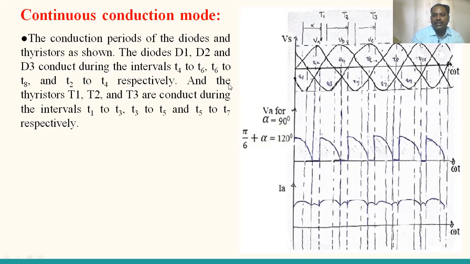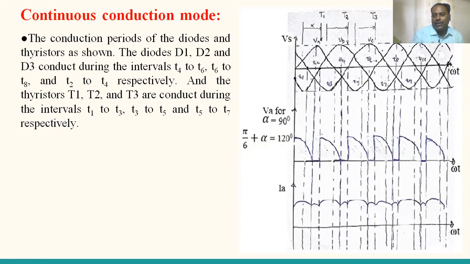Similarly, the thyristors T1, T2, T3 conduct during their intervals. Thyristor T1 conducts during the interval t1 to t3, thyristor T2 functions from t3 to t5, and thyristor T3 functions from t5 to t7. These intervals are given for easy recognition.